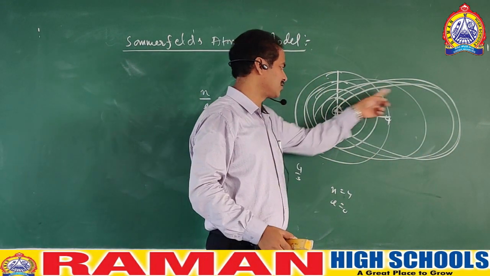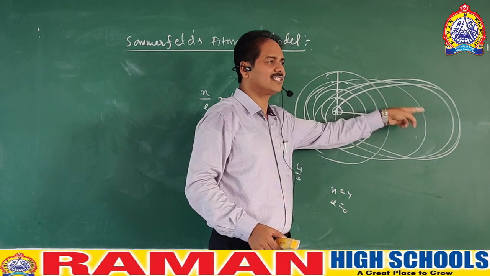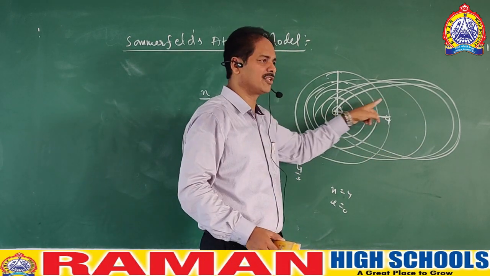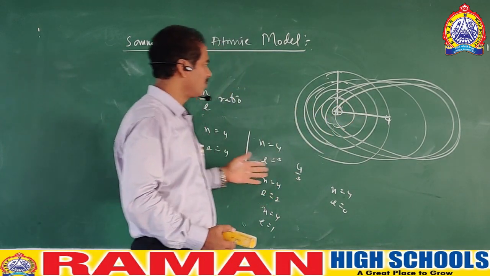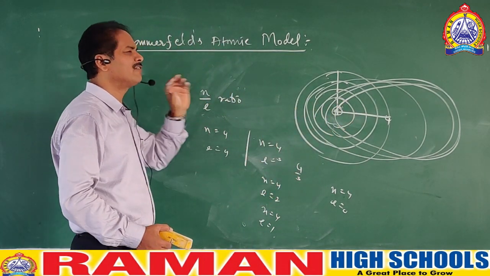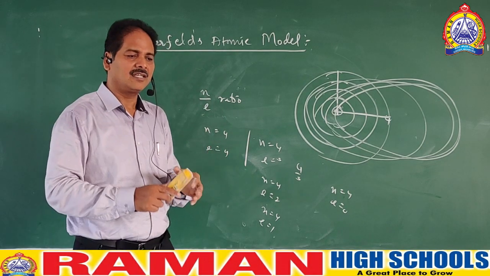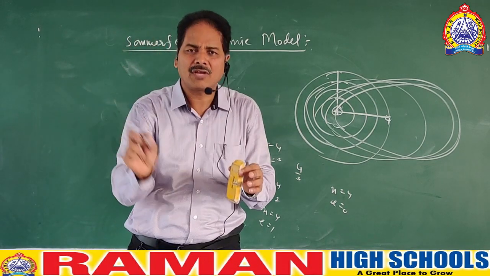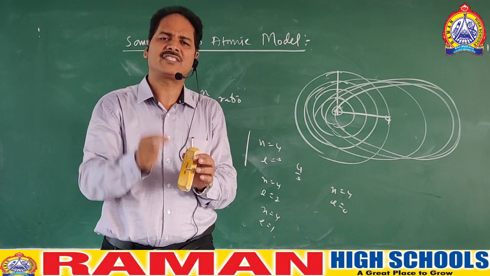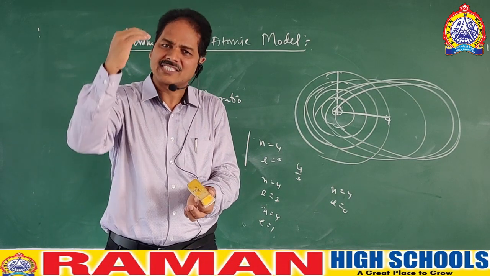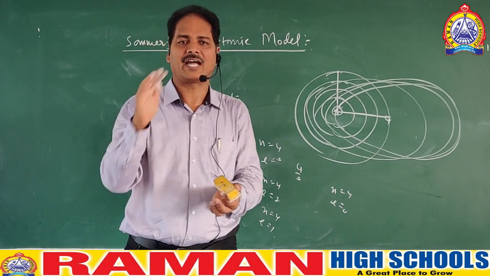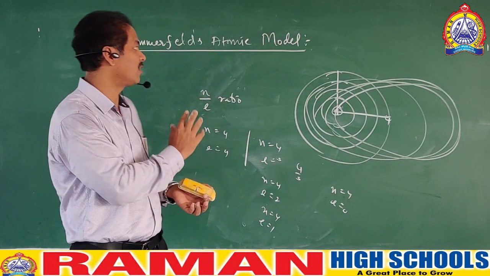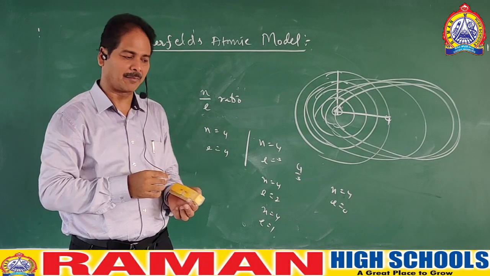When the orbit passes through the nucleus, there is scope for the electron to pass through the nucleus, where the atom will be unstable. So this proposal gives us a small conclusion: there is not only a particular fixed orbit, but within a fixed orbit there will be sub-orbits around the nucleus. This is what we learn from Sommerfeld's atomic model.